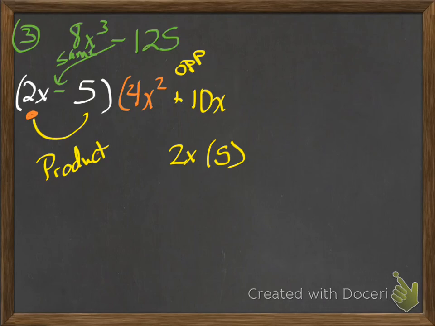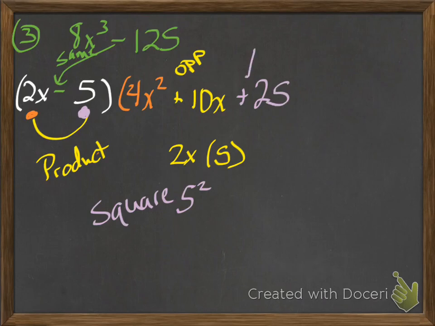And then the last term is we take the last term and we square. So we're going to square 5. So that's going to give us 25.